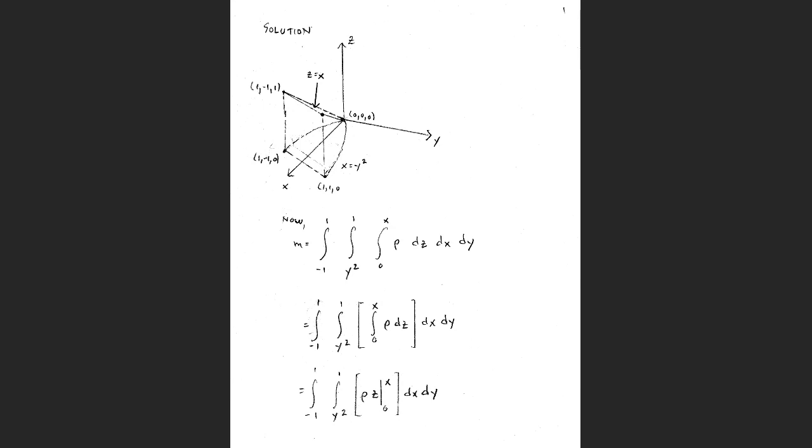But the parabola stops at the plane z equals x above, and it stops at the plane z equals 0 below. And this is what the figure looks like. Take a moment and copy the figure down.